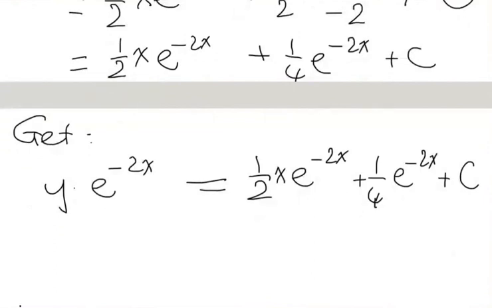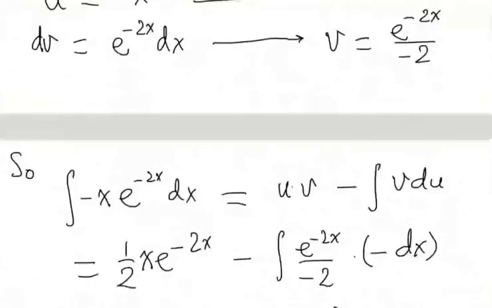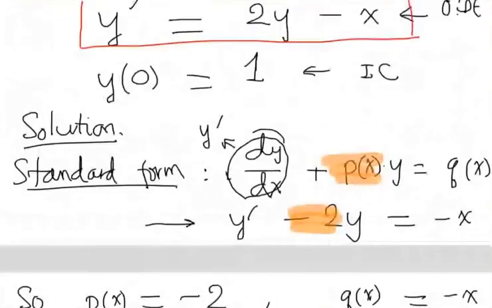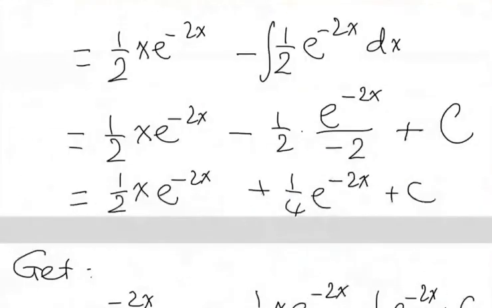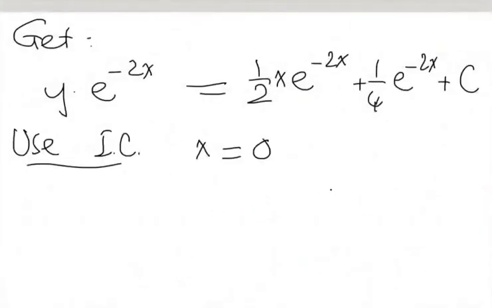At this point, we may use the initial condition, which says x equal to 0, y equal to 1.